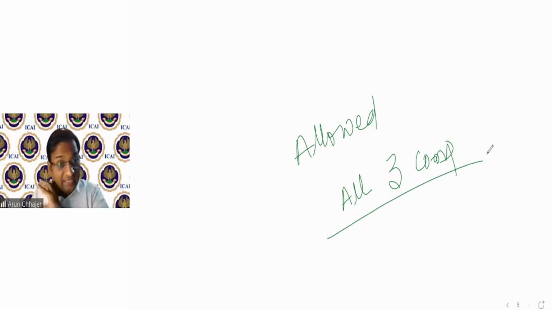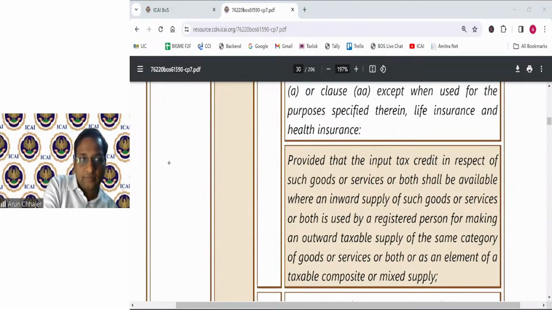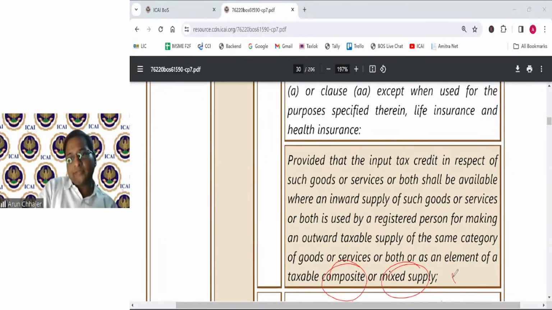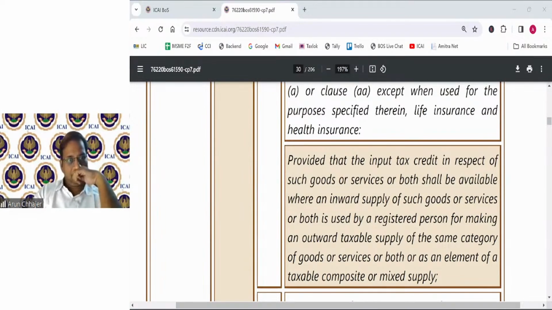Very, very important discussion. Out of this complete clause B, this wording, composite or mix, is important. Clear to all? Any doubt?